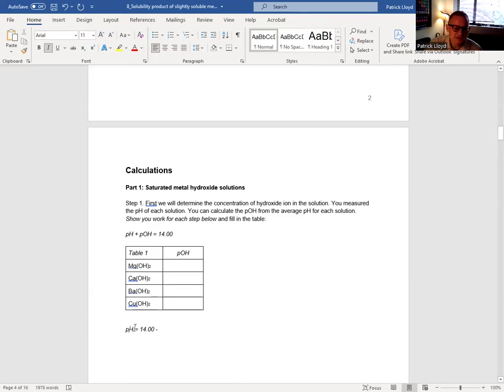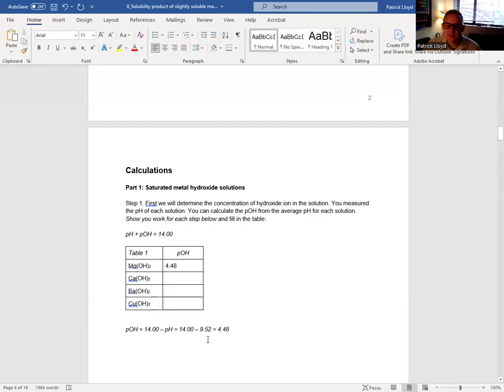My apologies. pOH would be 14 minus pH. And so that would be 14.00 minus 9.52, which equals 4.48. Okay, that's the number that was there originally. Now we can see where it comes from.